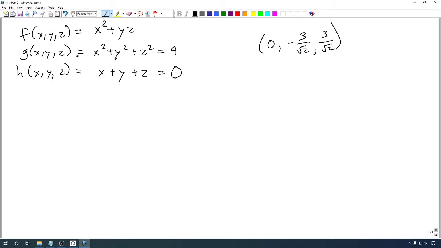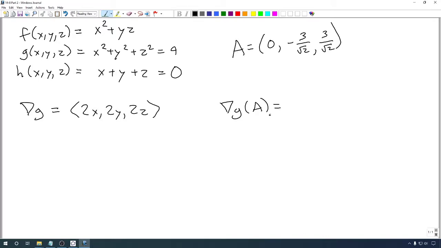If we look at the gradients of g and h, the gradient of g, just differentiating this with respect to x, y, and z, we have 2x, 2y, 2z. At this particular point, which I'll just call a as well, so I don't have to write that again, when I plug these values in, of course my first component is 0.